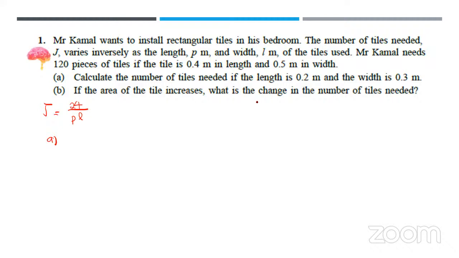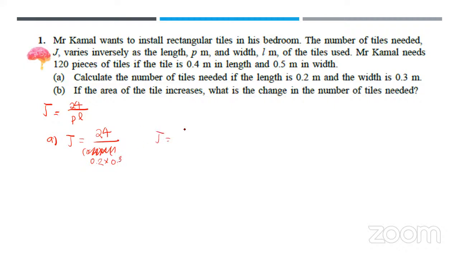So now we can start solving question part A. Calculate the number of tiles needed if the length is 0.2 meters and the width is 0.3 meters. So this is simply a case of just substituting everything back into the equation. So you get J, which is the number of tiles, is equal to 24 divided by 0.2 multiplied by 0.3.